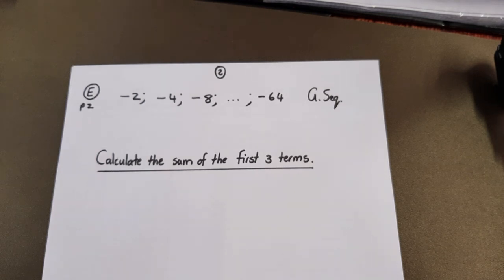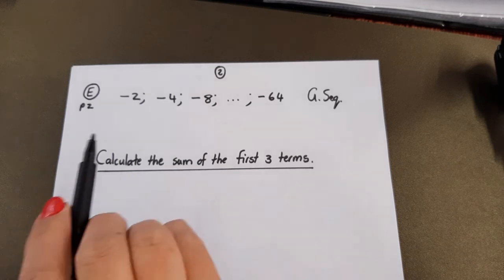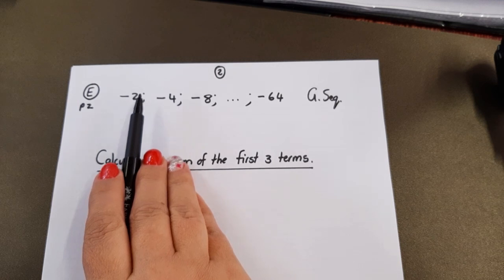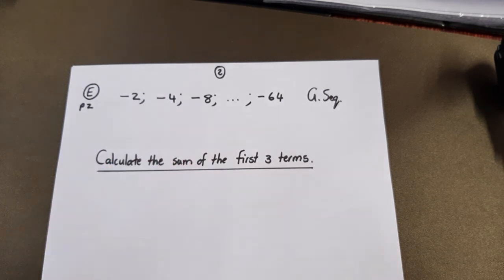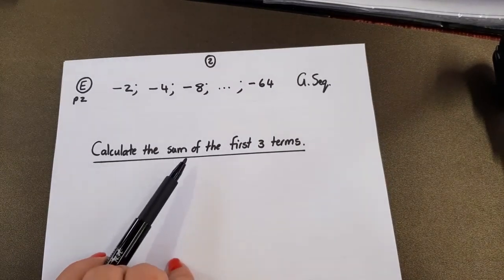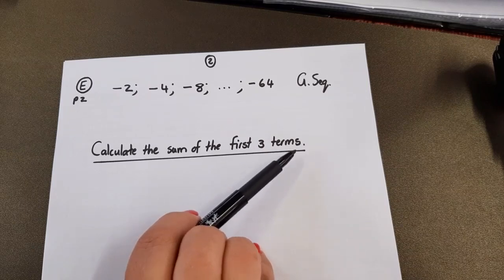If we look at example E on page 2 of your notes, they give us a geometrical sequence. Remember, sequences have semicolons and series have pluses. Now they ask us, calculate the sum of the first 3 terms.